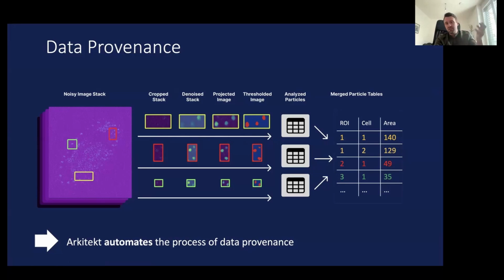It knows which Fiji version you used, and it constructs this sort of data provenance pipeline, so you know what happened to your data. And if you want to go back, you know this ROI, you can go all the way back to see which image it was and what I used. This is especially nice afterwards in your methods section: you could put this provenance in and it would give people an idea of what happened to your data.